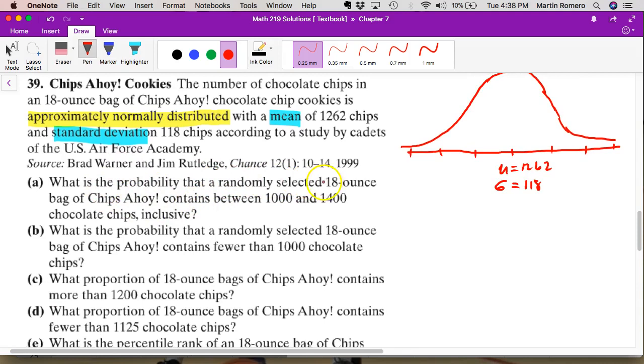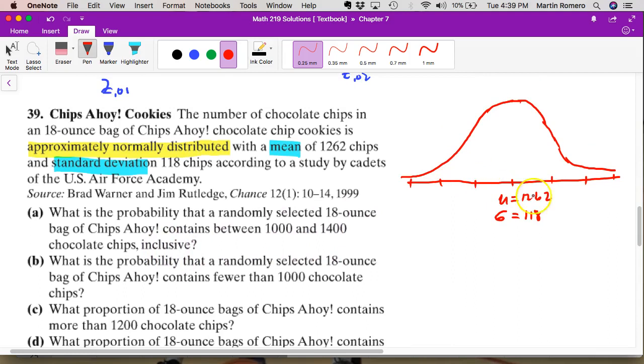What is the probability that a randomly selected 18-ounce bag of Chips Ahoy contains 1,000 to 1,400 chocolate chips, inclusive? If we wanted to mark this off, we have our normal curve, so let's mark off a couple of these.